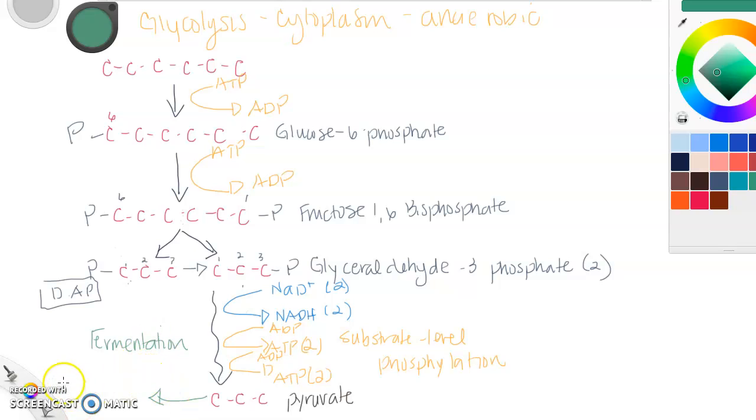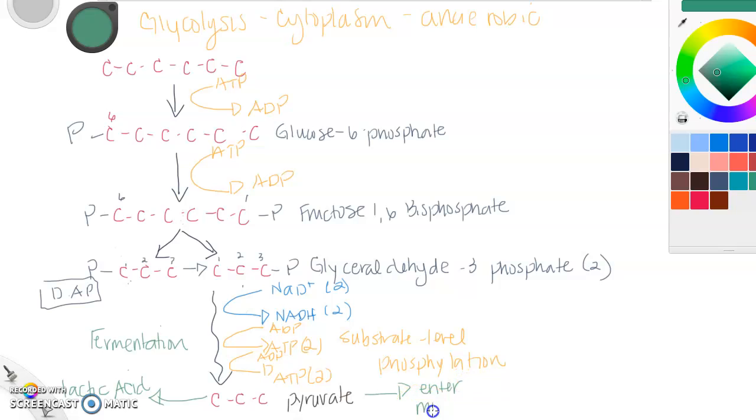And we will get lactic acid. Lactic acid will go to the liver, and it can be converted back to glucose. The liver can make ATP out of it, whatever. So there's lactic acid. This is the fermentation process.